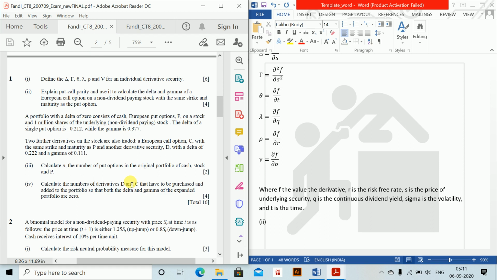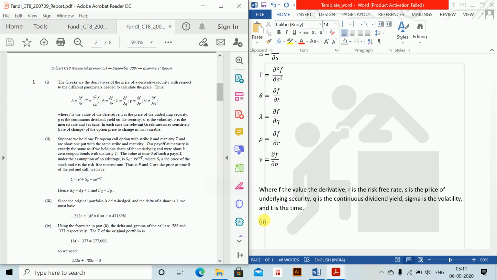Two further derivatives on the stock are also traded: a European call option C with the same strike price and maturity, and another derivative security D with delta of 0.22 and gamma of 0.111. Calculate N, the number of put options in the original portfolio of cash, stock and puts.